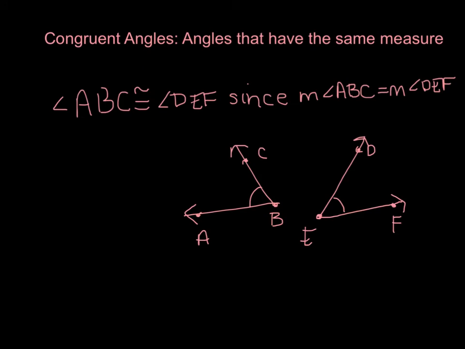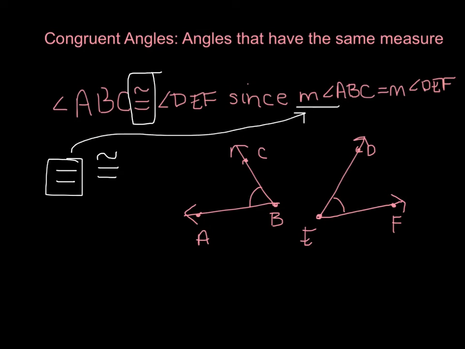Congruent angles are angles that have the same exact measure. Now in terms of notation, you see this here: this is a standard equal sign, but when you're talking about congruence, you have a little squiggly line on top. The equal sign is used to talk about the measure of angles that are equal, which is the definition of congruence. Congruence is when you're referring to two angles that have the same measure.